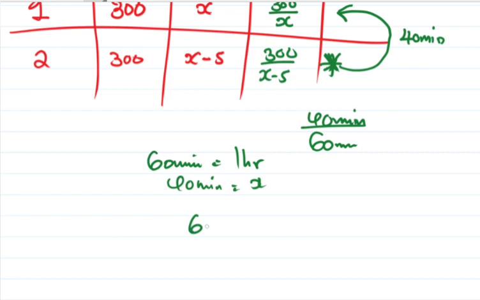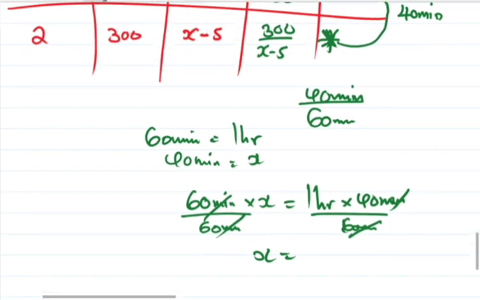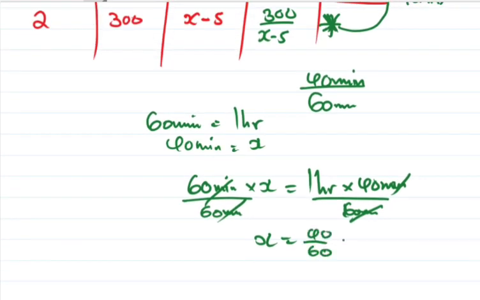Here we're going to have 60 minutes times x is equal to 1 hour times 40 minutes. To find x, we divide both sides by 60 minutes. So this one cancels. Remaining, x is equal to 40 divided by 60, which is 2 over 3. So we have 2 over 3 hours.